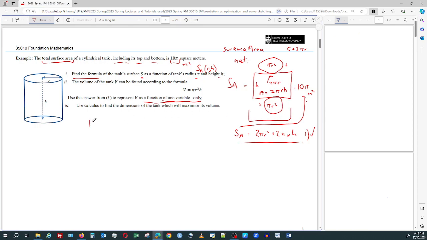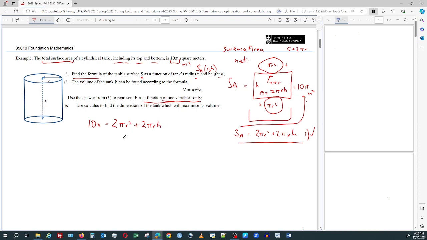So 10 pi is the surface area, is equal to 2 pi r squared plus 2 pi rh. Very good. Now, so we've got our equation.